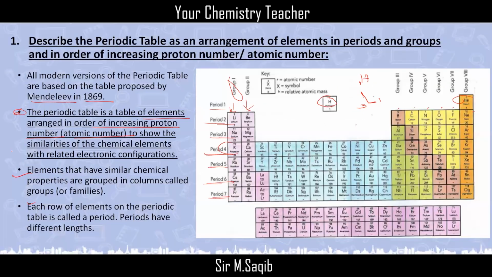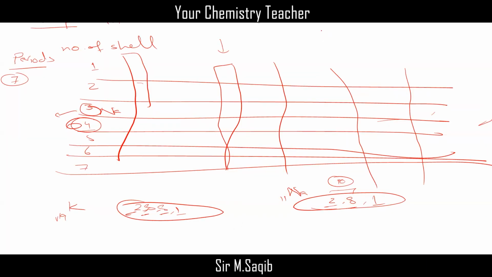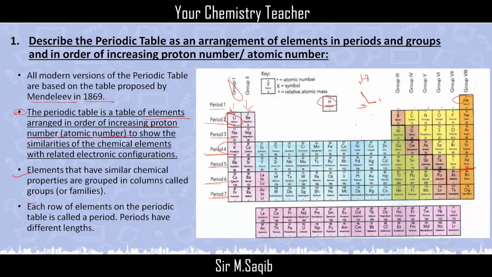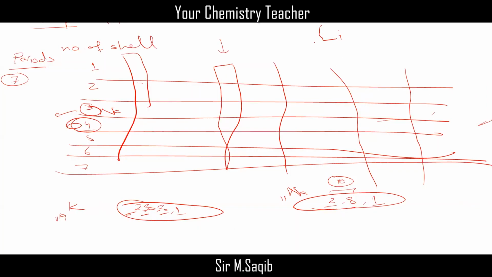I'm just giving you an example. Let's take lithium, and as you can see over here, lithium belongs to group 1A. It means in its outermost shell there should be 1 electron. So let's find it out. Lithium's atomic number is 3.